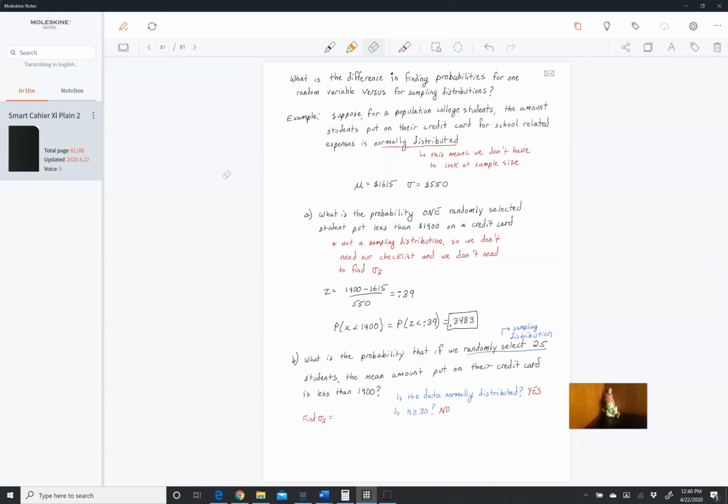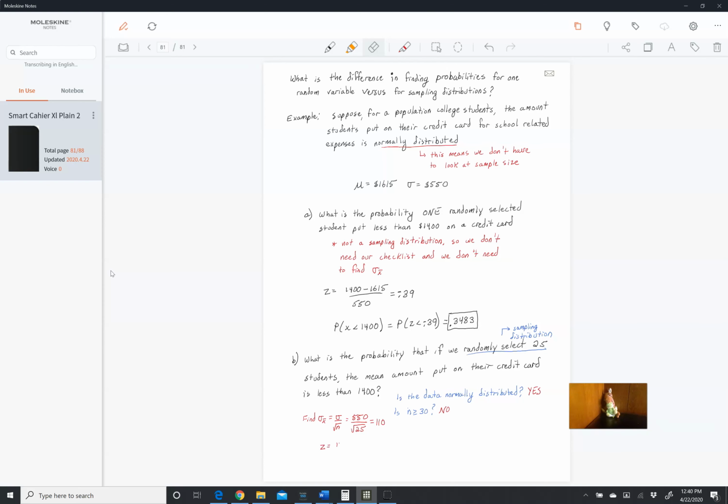So sigma x is equal to sigma over square root of n. Sigma here is 550. N is 25. So this is 110.